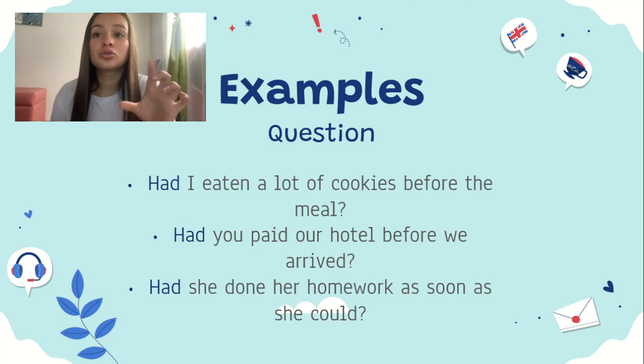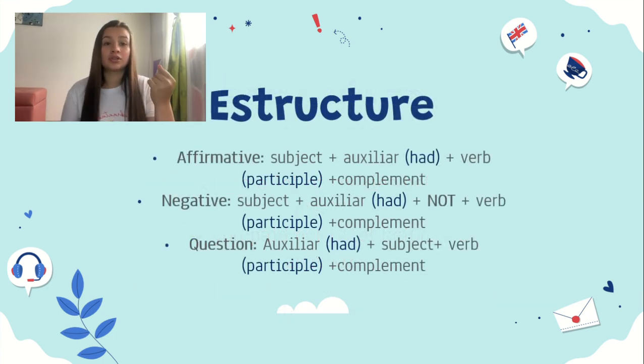Okay, to support these examples, we are going to talk about the structure that we have in this part. In affirmative form, we have first the subject, plus the auxiliary had, that is the same with all subject pronouns, plus verb in participle, remember verb in participle, plus complement.